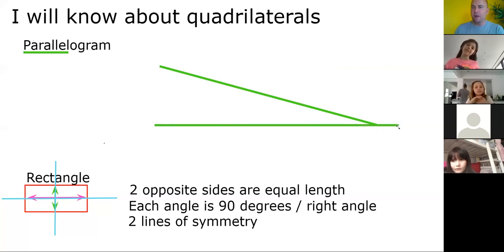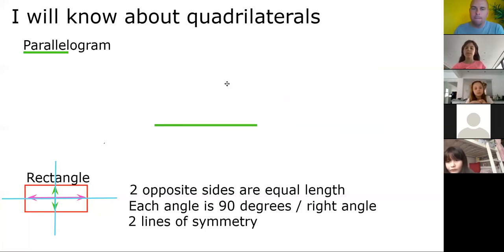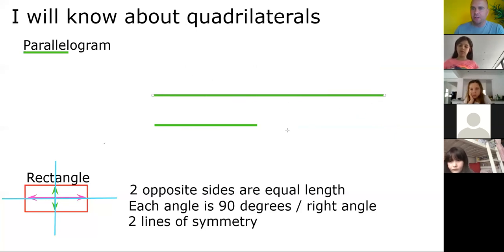So they're not parallel. A parallel line, think about a train track. A parallel line is where they do not meet. They never cross. So this, I could carry on forever. I could take it all the way to Villamora and just keep extending this line, and they would never cross each other, which means they're parallel.